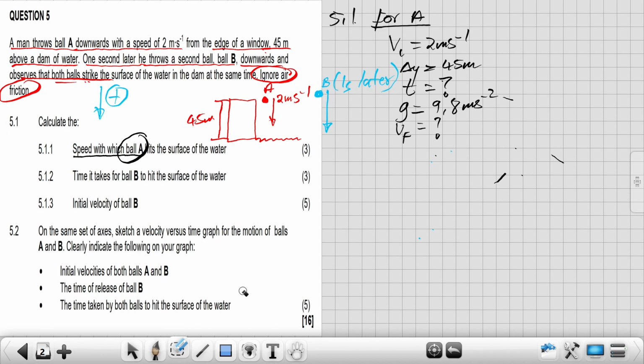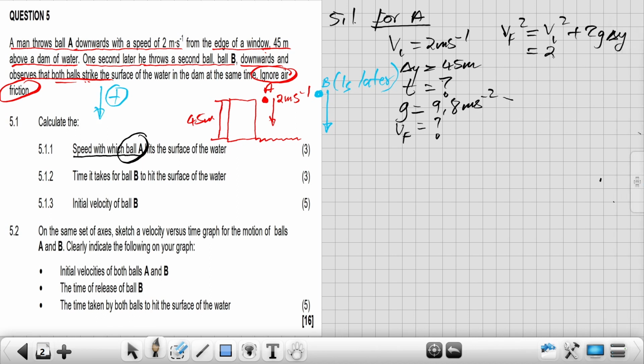I should be able to analyze in detail such that I can write the correct information for ball A. When I check my formula sheet, I find that the appropriate equation here is Vf squared equals Vi squared plus 2G delta Y. Then I am looking for V final.